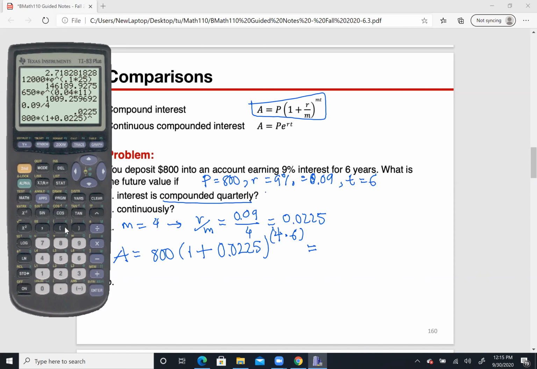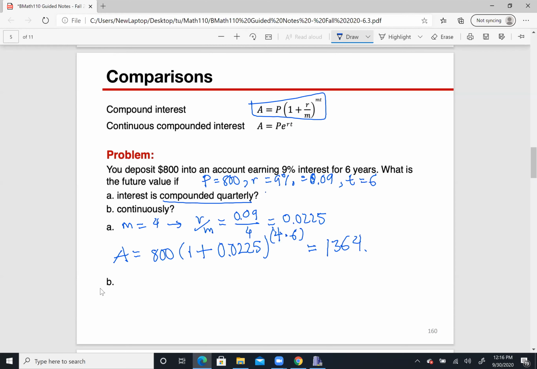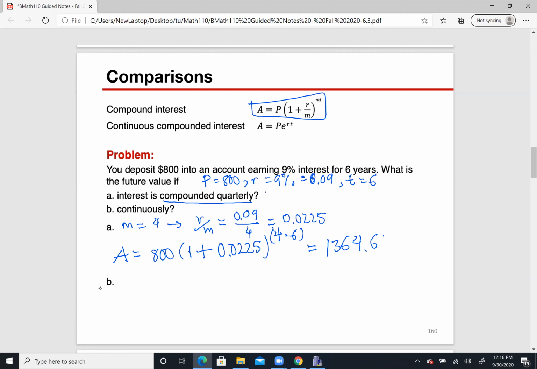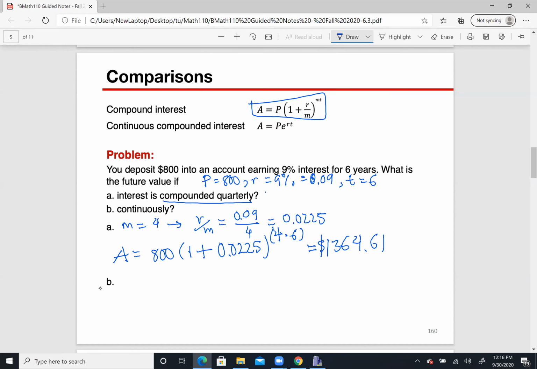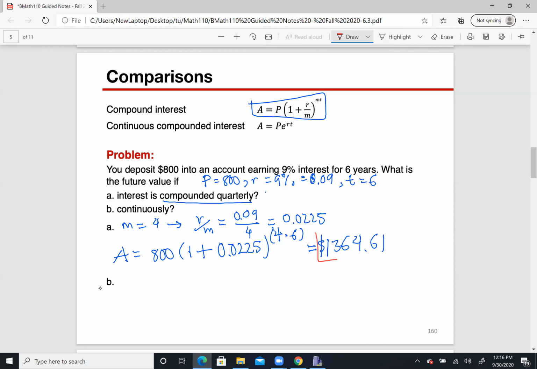You can put 24 or parentheses 4 times 6, it doesn't matter, but I just want to show you that. So that's going to give you 1,364.61. That's going to be the amount of money for compounded quarterly.